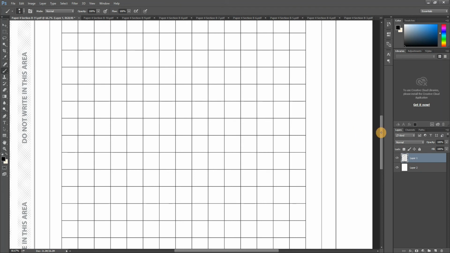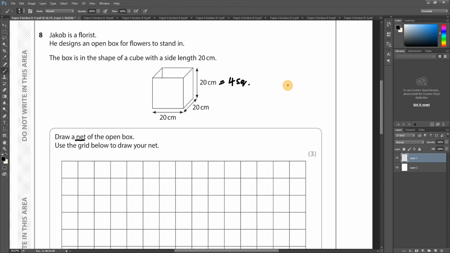In fact, let me do a quick sketch, show you guys. So there's your base. You're going to have this side here, that's going to be there, this side on this side, this front on this side, and this side, which we can't see, well, there's that one actually, is going to be there, isn't it? So it's going to look like a cross, definitely.